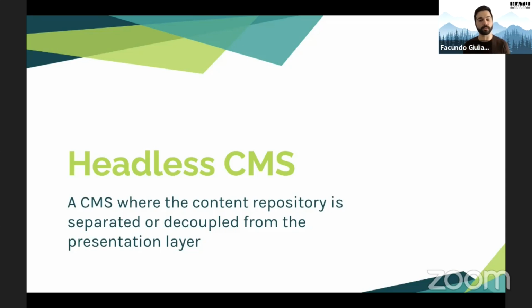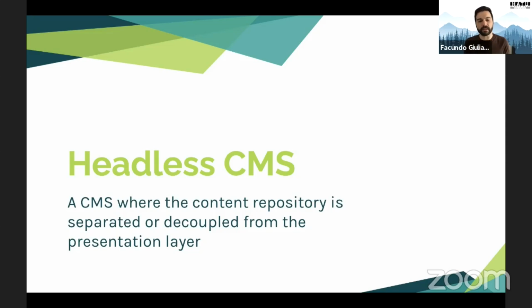So let's talk about the same example. Let's suppose that we have the WordPress platform to create the content and to handle the entities that we use in our website, but we don't have the opinionated presentation layer that we use to generate the HTML content for our pages or to expose the content to the users.